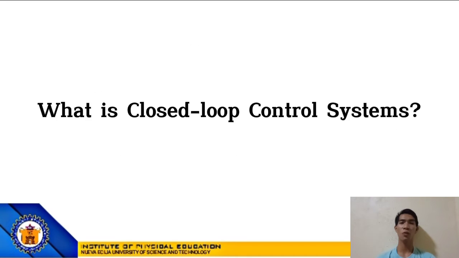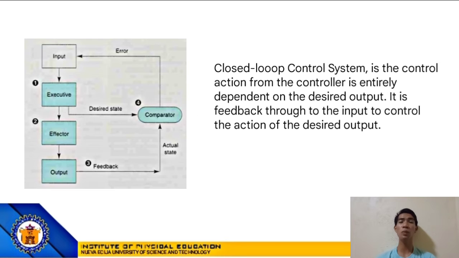system. So what is closed-loop control system? In the closed-loop control system, the control action from the controller is entirely dependent on the desired output. It is a feedback through the input to control the action of the desired output. So the closed-loop control system measures, monitors, and controls the process through feedback to compare the actual output with the desired output.